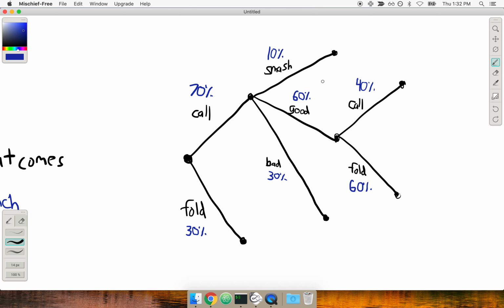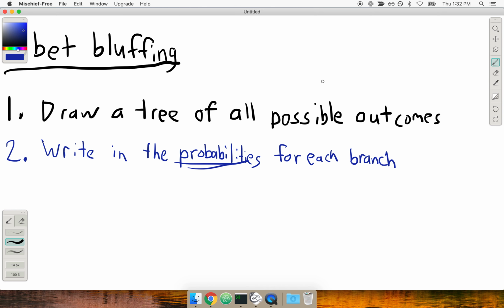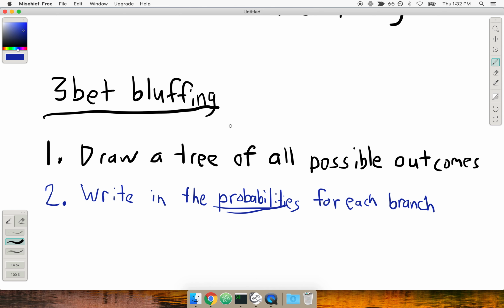Okay, so that was step 2. So we drew the tree of all the possible outcomes. Then we wrote in the probabilities for each branch. And now we're going to move on to step 3, and I'm going to do that in green.